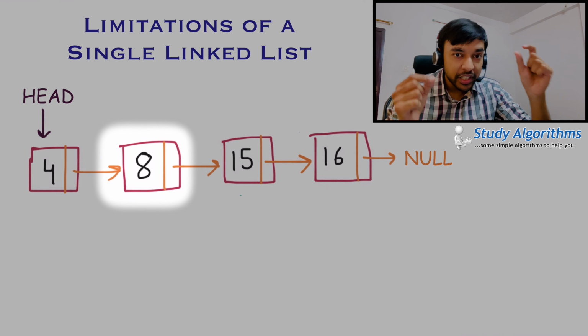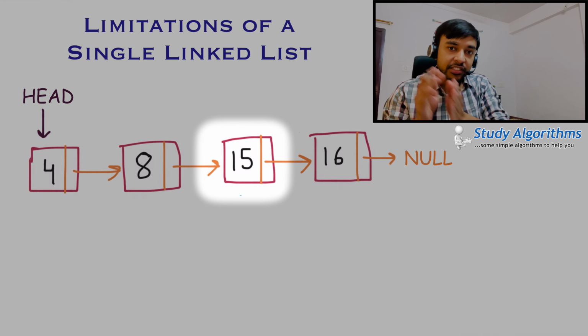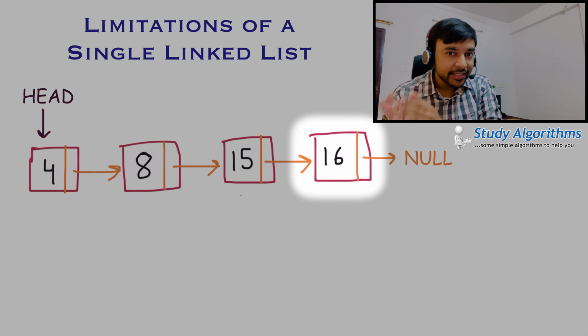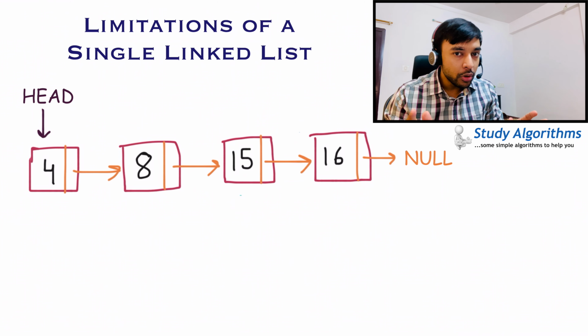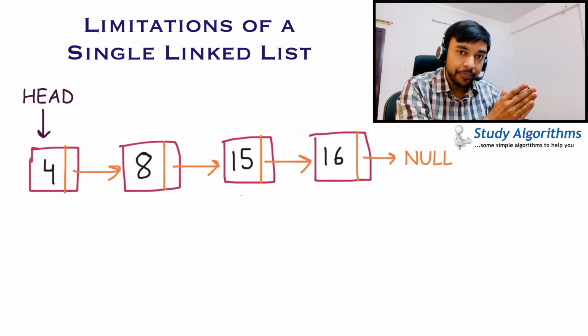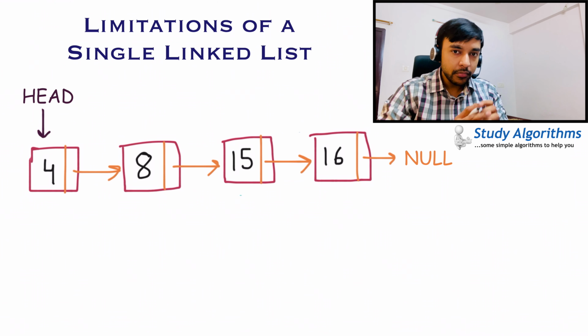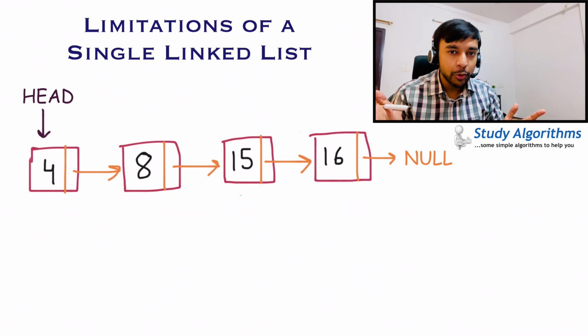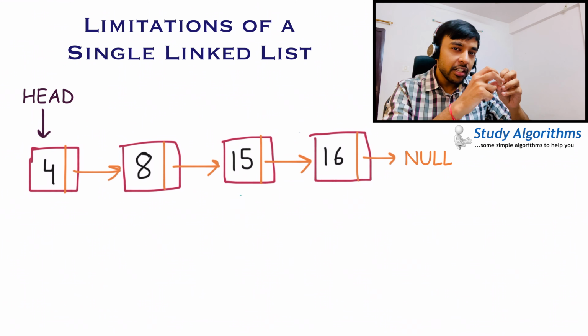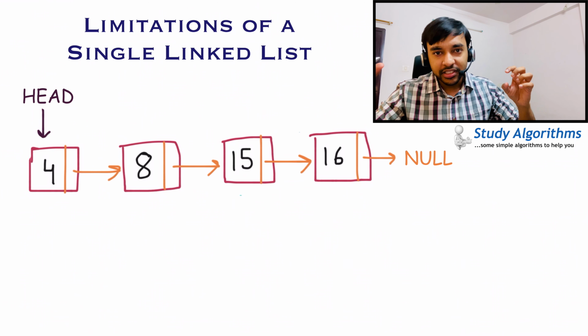The next of 4 is 8, the next of 8 is 15, the next of 15 is 16, and the next of 16 is null. So now you know that 16 is the last node and 4 is the first node that is pointed to by head. So this head pointer is any random location in the CPU memory, right? From there, you get a starting point and you can traverse this list.